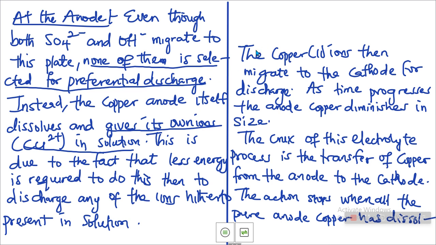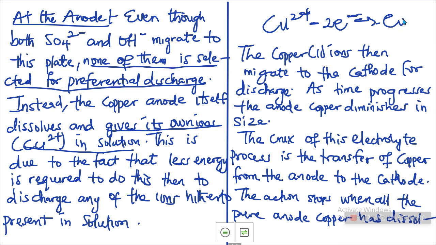Now, this is the equation for the reaction. What do you think happened at the anode? Oxidation happened at the anode. So it means we are not going to have Cu2+ plus 2e-, because you know that this is the anode. I hope you understand. It is the anode, so you cannot be adding electrons.